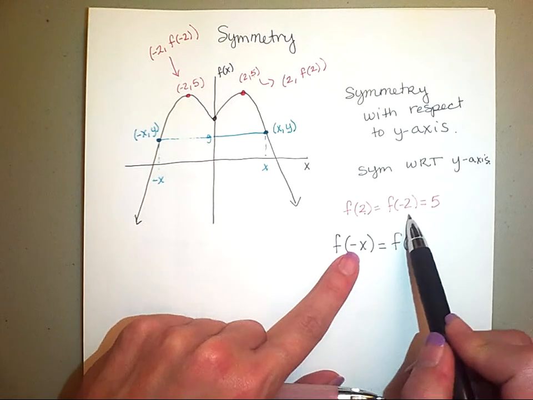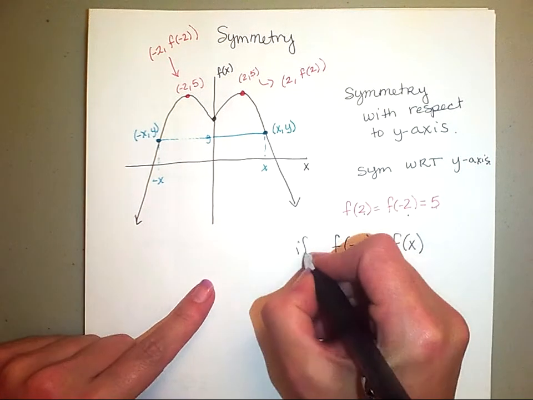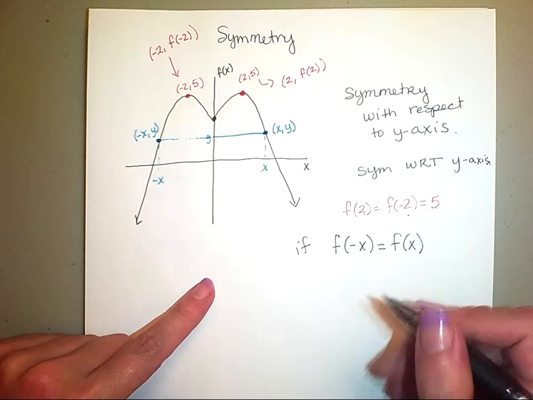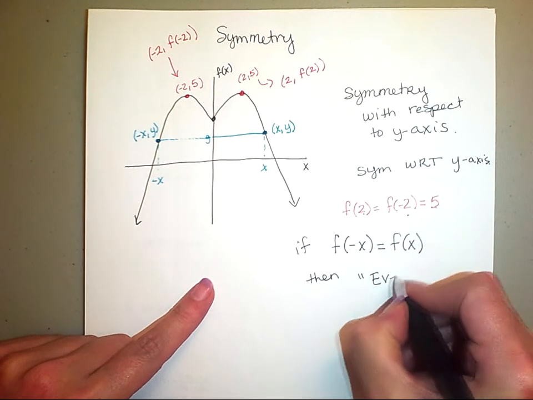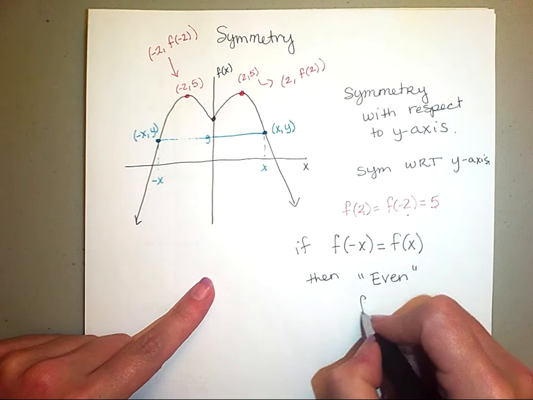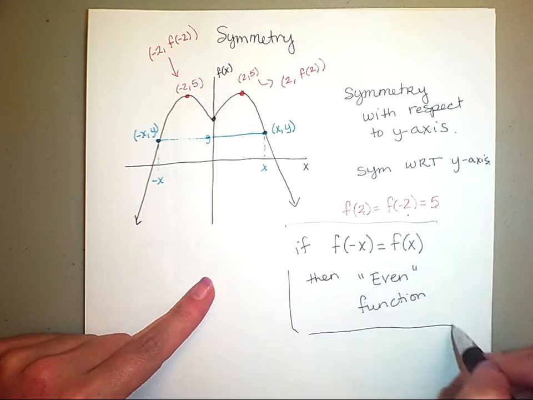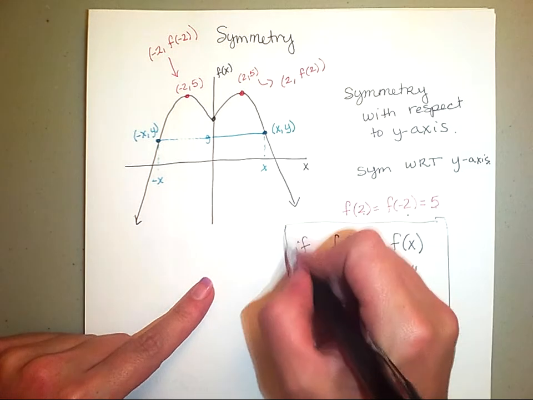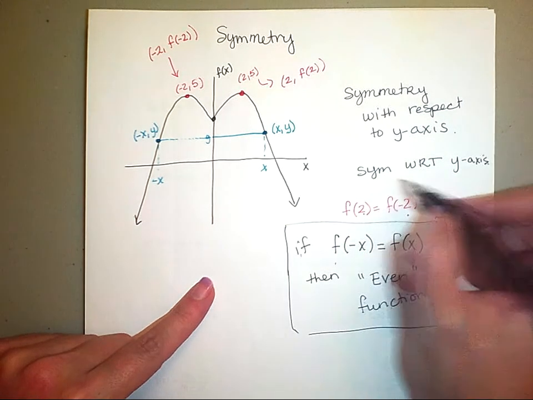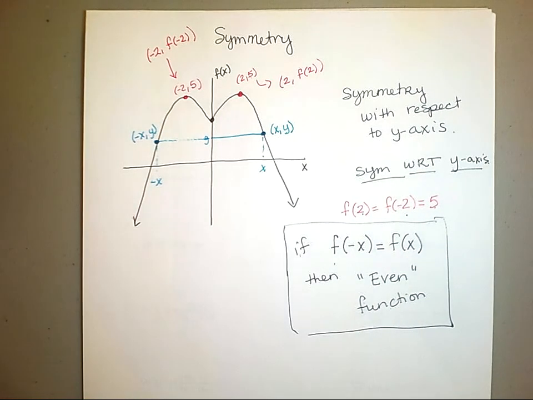Okay, so here's x is 2, here's -2. They're both the same. So if this happens, if we have that, then we have what is called an even function. So this is a test we'll need to put on our flashcards. So we'll know it. And we have to know that even functions are symmetric with the y-axis.